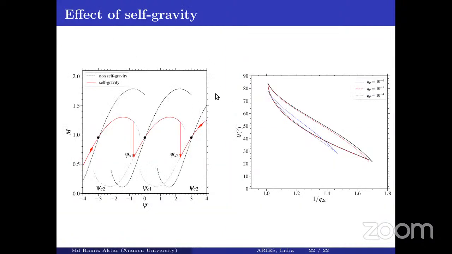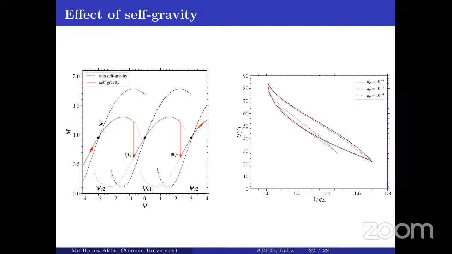So briefly, I want to show some preliminary results. This work is ongoing. I want to show the effect of self-gravity in the accreting disk. Here the solid line is for the self-gravitating case, and the dashed line is for the non-self-gravity consideration.